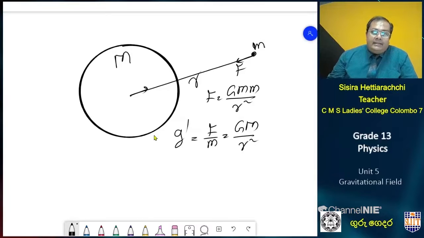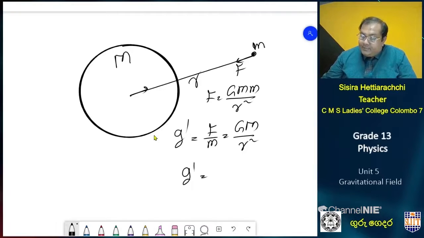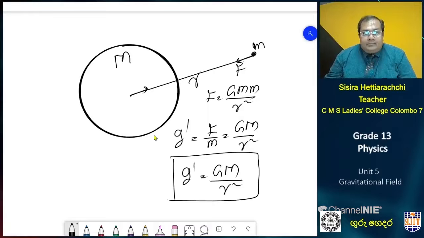This is positional gravitational acceleration or field intensity. Force acting on unit mass. Then it's better if you can remember this equation, right? Otherwise always you have to derive. G dash is G capital M over R square, outside of this object. What is G dash? Force acting on unit mass, and it is equal to gravitational acceleration, because force over mass means acceleration.